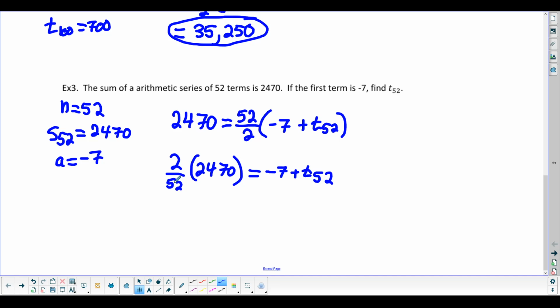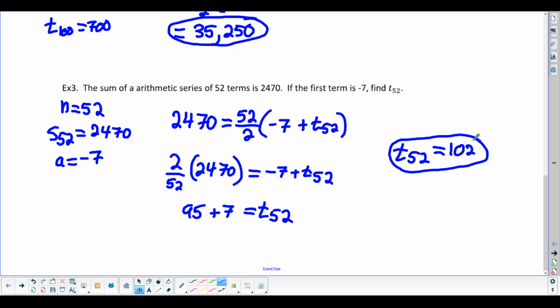Take our calculator, 2 times 2470, divide by 52. Equal to 95. And then if we want to get the -7 over, we'll just add it onto the other side. Plus 7 is equal to T52. And we'll get that T52 is 95 plus 7, or 102.